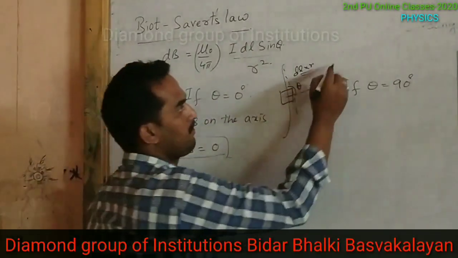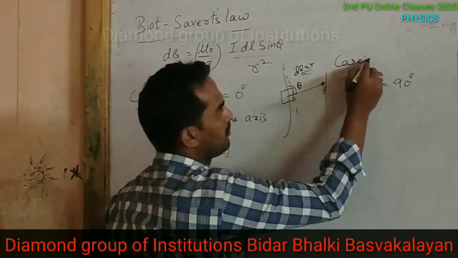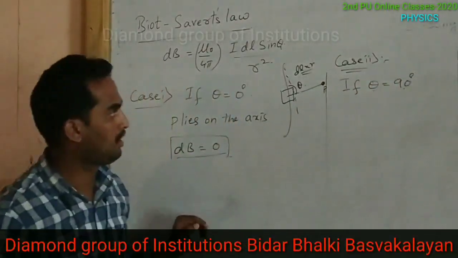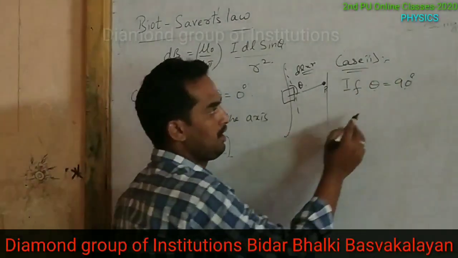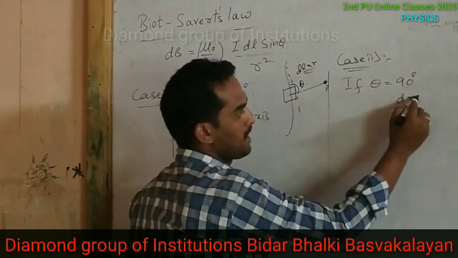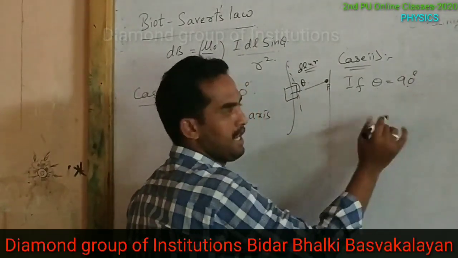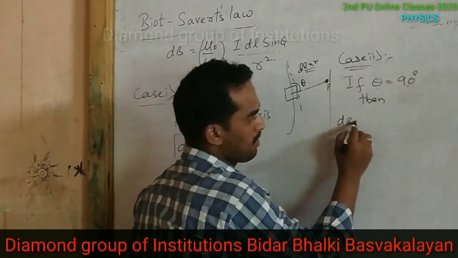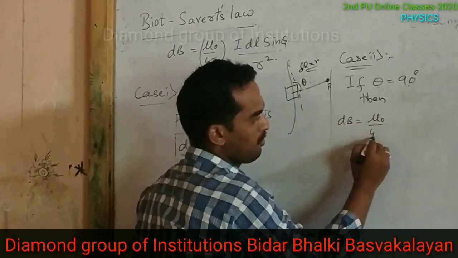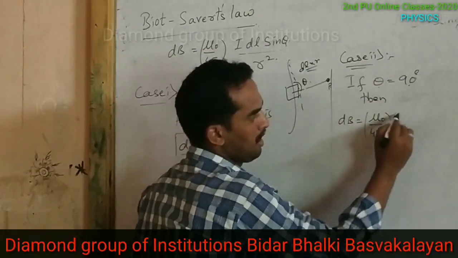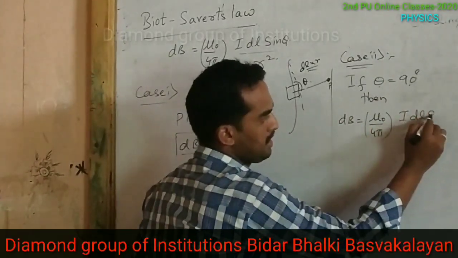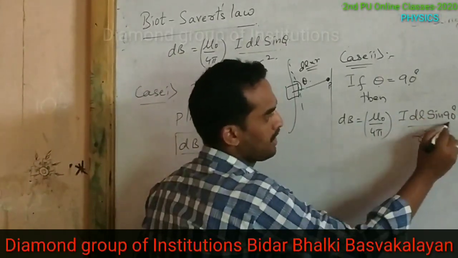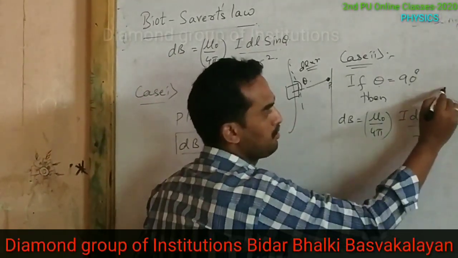Now go to case 2. If theta equal to 90 degree, that means the angle between the dl as well as r is 90 degree, then we can write dB equal to mu naught by 4 pi into I dl sin 90 degree divided by r square. So sin 90 value is 1.